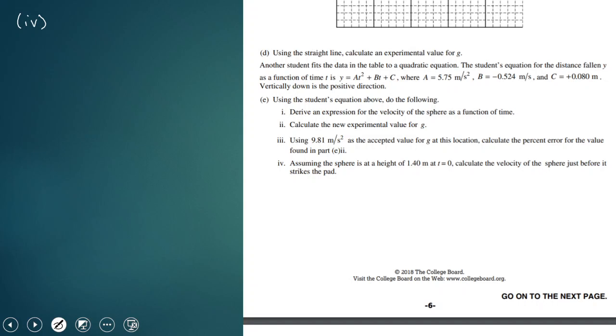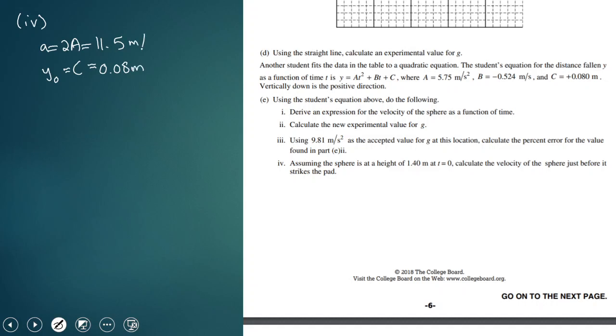Okay, so this one, again, we can use kinematics for this. We know already that our acceleration is equal to 2A, which was equal to 11.5 meters per second squared. We also know that our y naught is equal to C, which is equal to 0.08 meters.